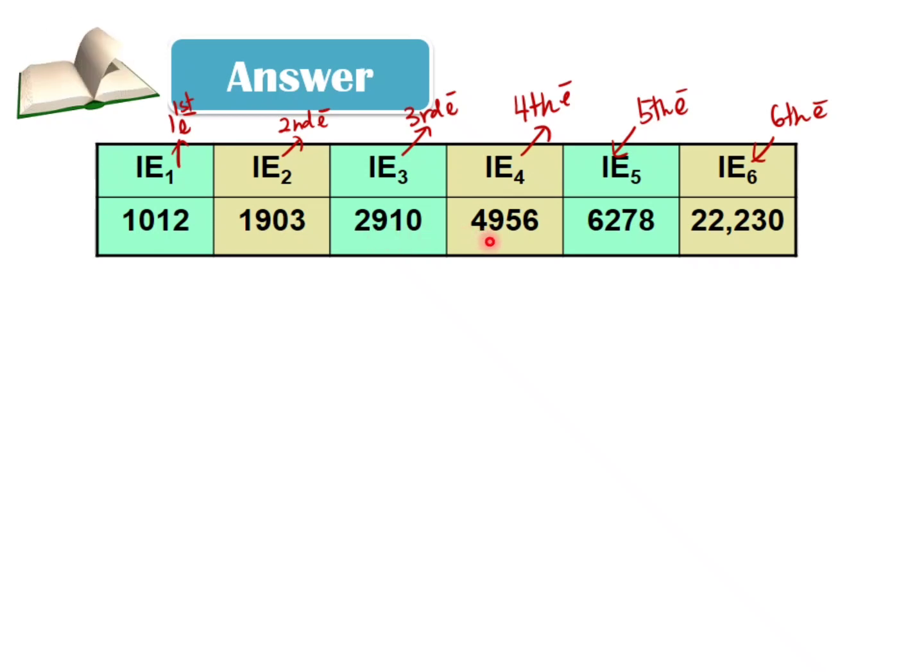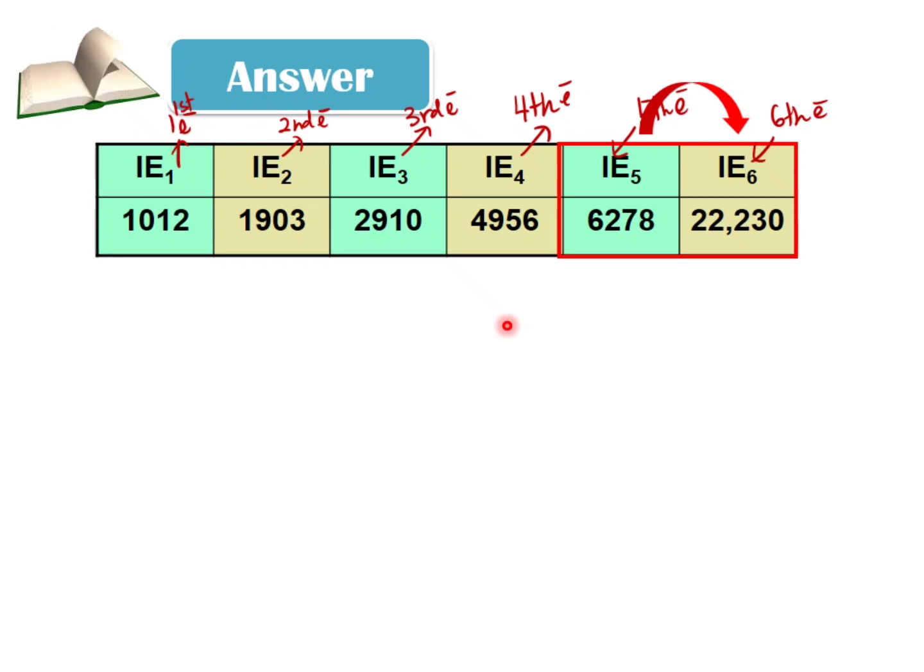Lepas tu 4,900. Lepas tu 6,900. Nampak tak? From IE1 to IE5, dia punya kenaikan adalah 100 saja. But when start from IE6, from 6,000, sudden increase become 22,000. Ini yang kita maksudkan sudden increase.